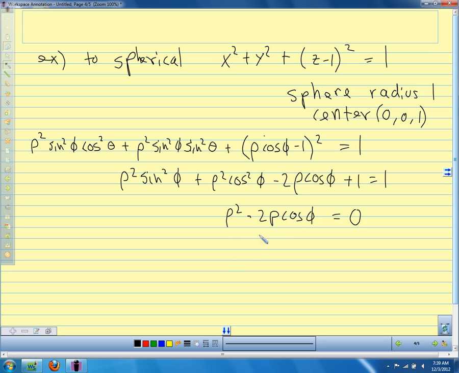And from here I'm going to say that rho squared equals 2 rho cosine phi. And we're going to do what we did before and divide by rho, assuming that rho is not equal to 0. So rho equals 2 cosine phi. And that would be our equation of this sphere in spherical coordinates. Rho equals 2 cosine phi.